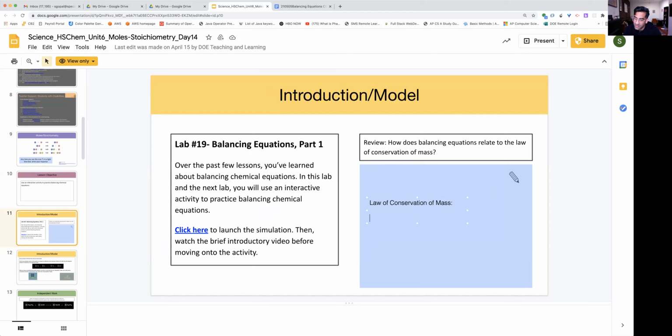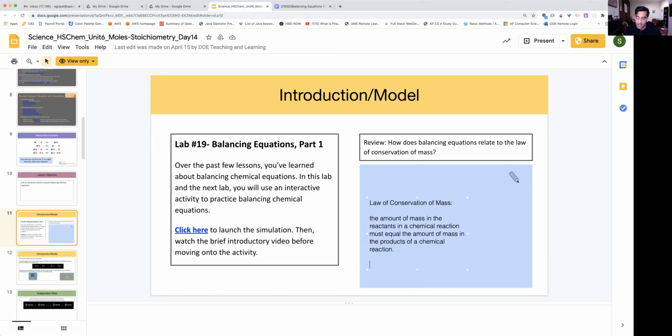This is one of those handy laws that is exactly what it sounds like, all right? And that is that the amount of mass in the reactants in a chemical reaction must equal the amount of mass in the products of a chemical reaction.